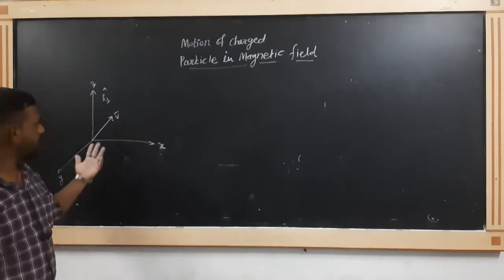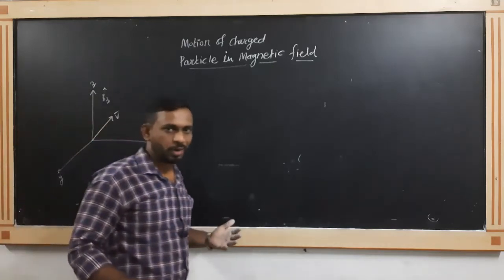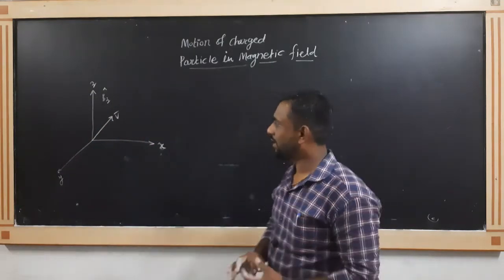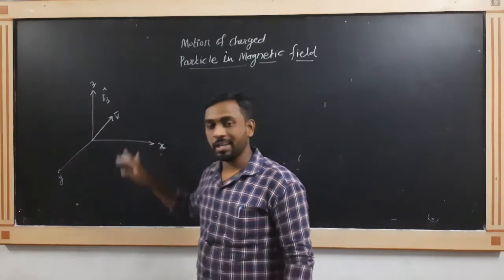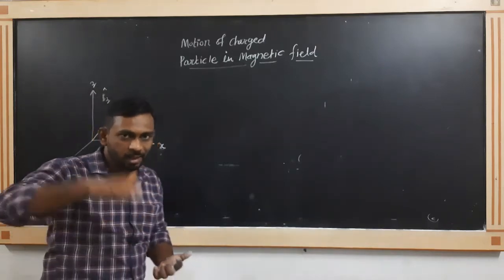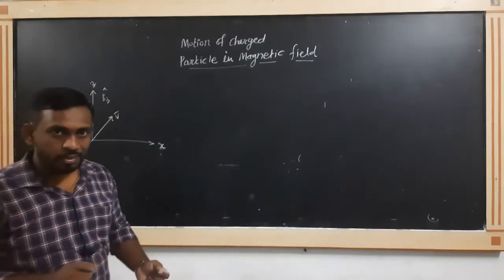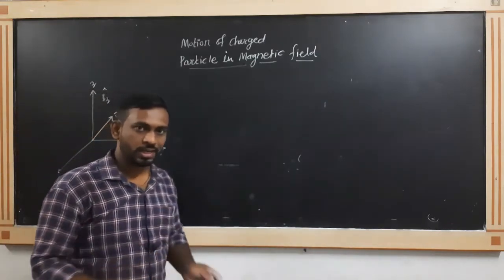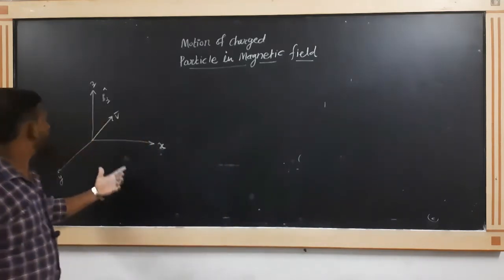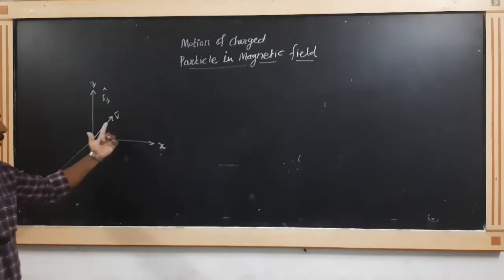In two dimensions, it looks like the motion of the charged particle is in the plane of x and z, but this is not the case, as the motion of the charged particle is in three dimensions. So it has an x component, a y component, and a z component. What is the effect of this magnetic field on the motion of the charged particle?